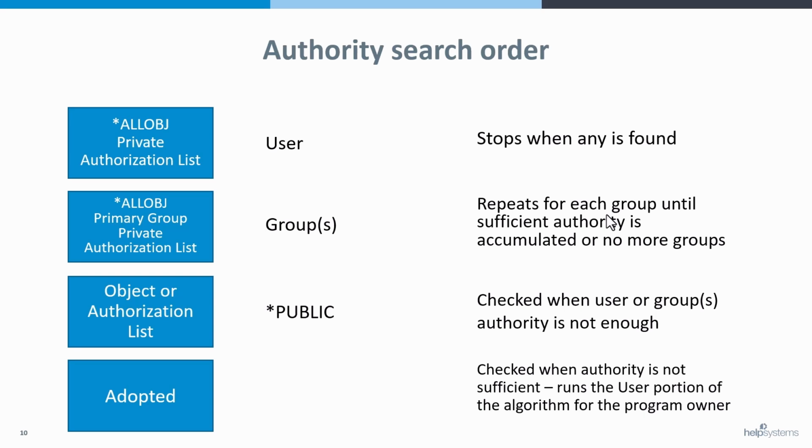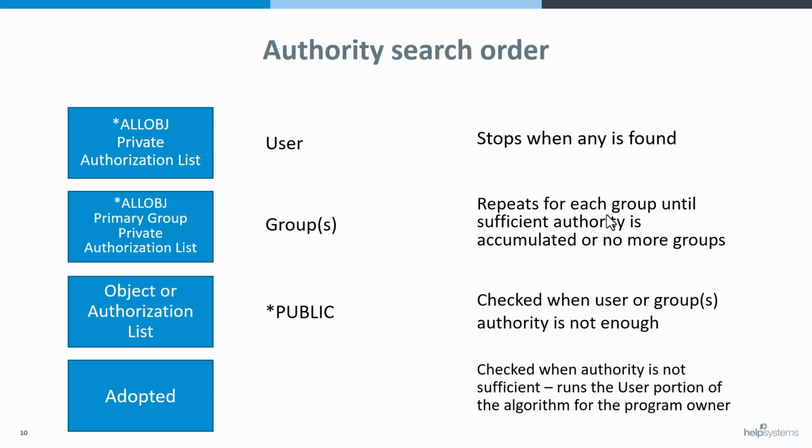When a program is invoked, when it goes after the objects that are required for what that process is, the way that it finds enough authority to do that is by evaluating the authority available to the user profile. It's going to check the user's authority. If the user has all object authority directly on the user profile, that stops. The user profile is granted access and the process moves on.